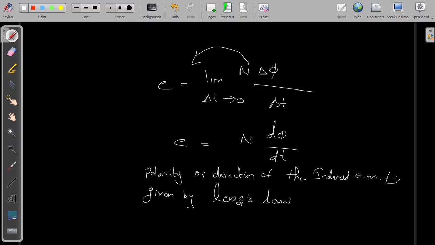Lenz's law gives the direction of the induced current, or the polarity of the induced EMF. The induced EMF causes a current to flow if a closed path is provided. Then the polarity of the induced EMF means the direction of the current through that closed path. So the direction of the induced current is such that it opposes.